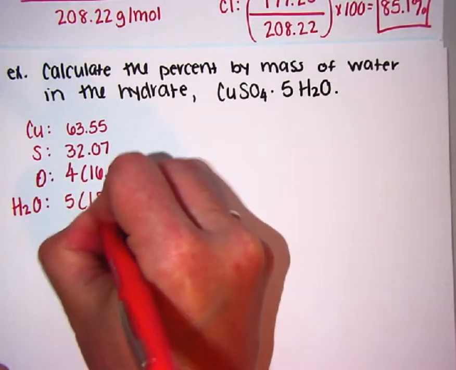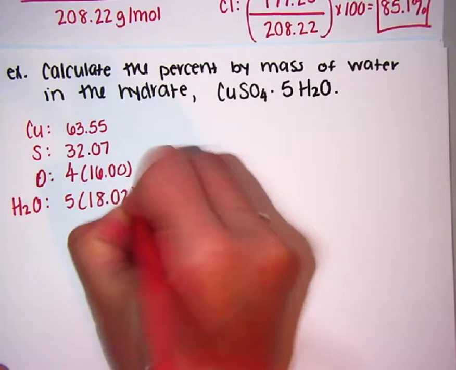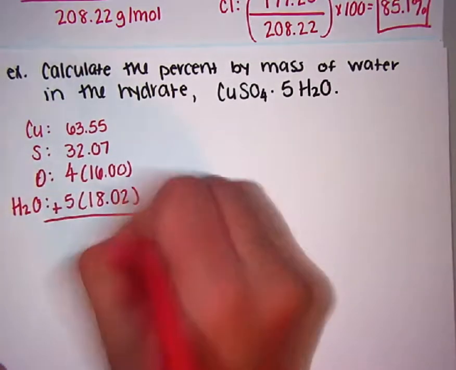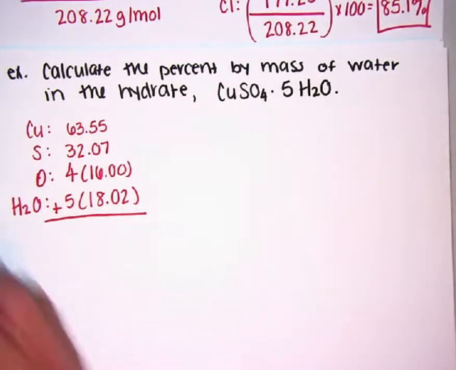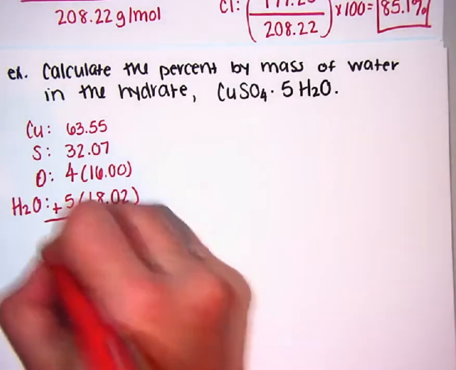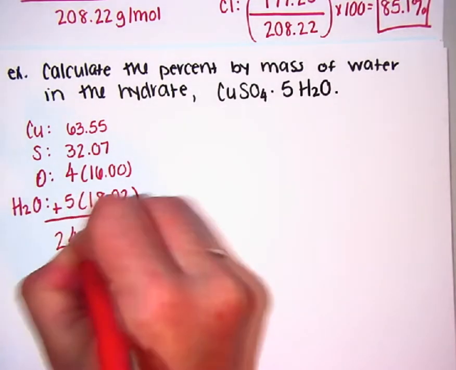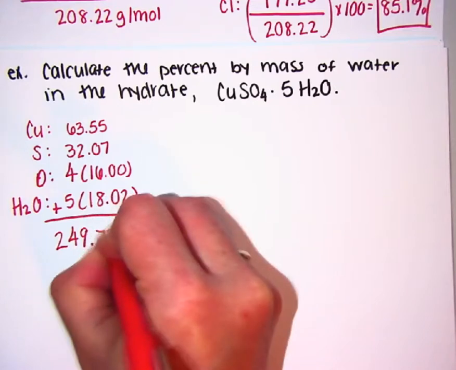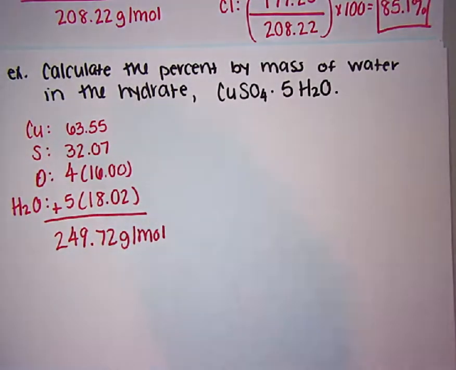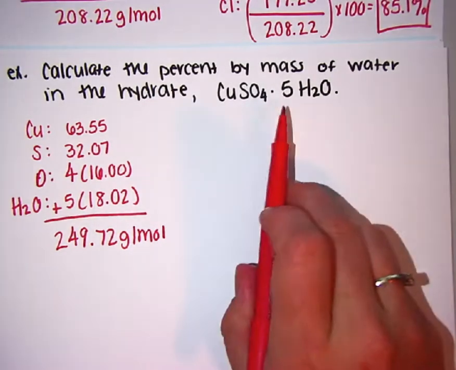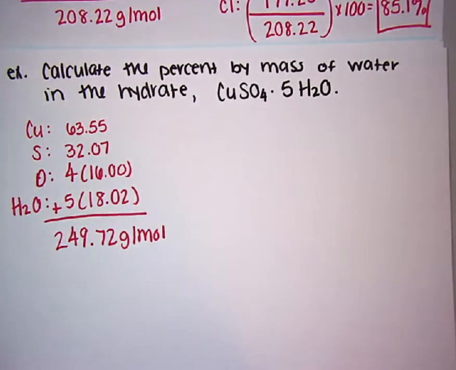Water has a mass of 18.02. So when I add all of these up, I get 249.72 grams per mole. The entire mass of this compound, including the water, is 249.